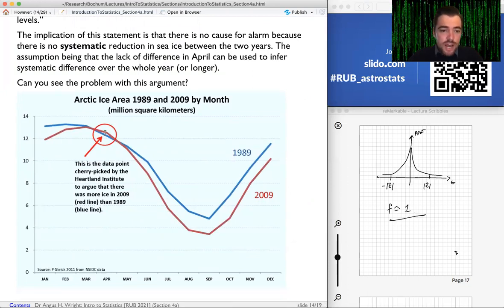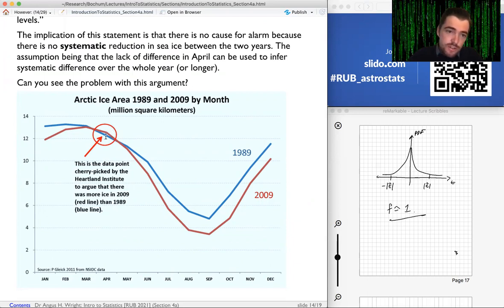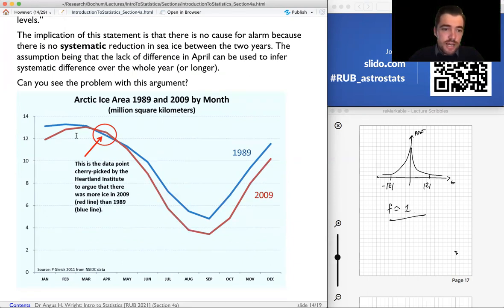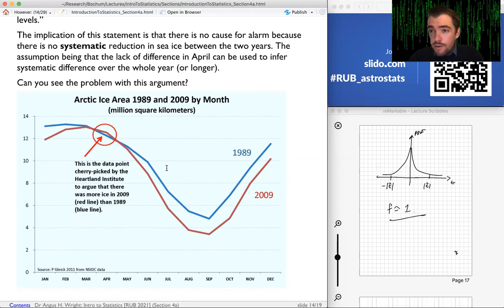That is April 2009, and that difference is the difference to which they're referring. The sea ice in April of 2009 was in excess of the values in 1989, and therefore there is nothing to worry about.